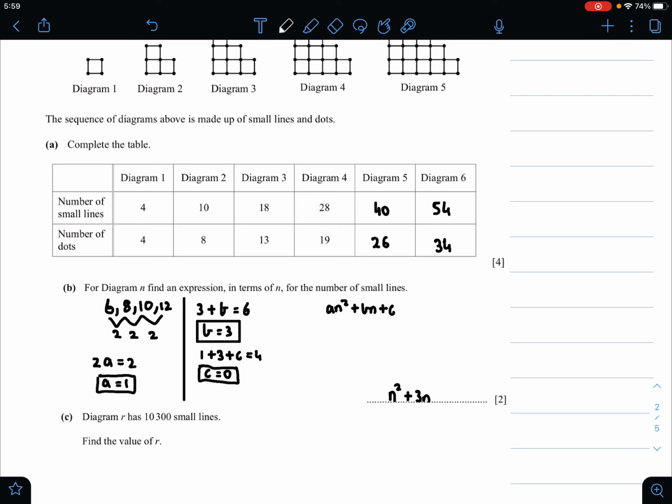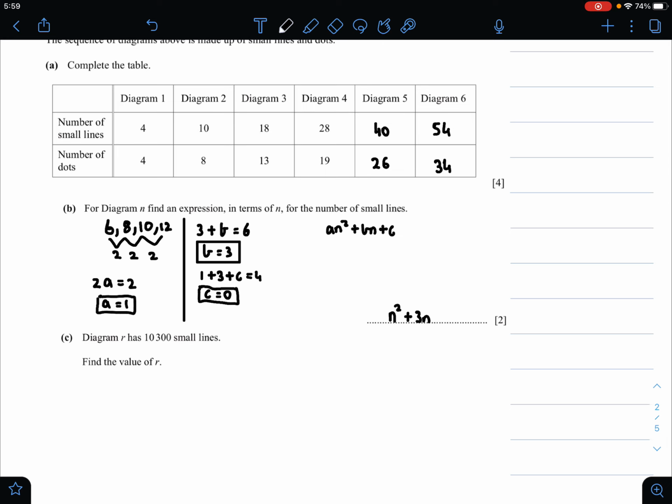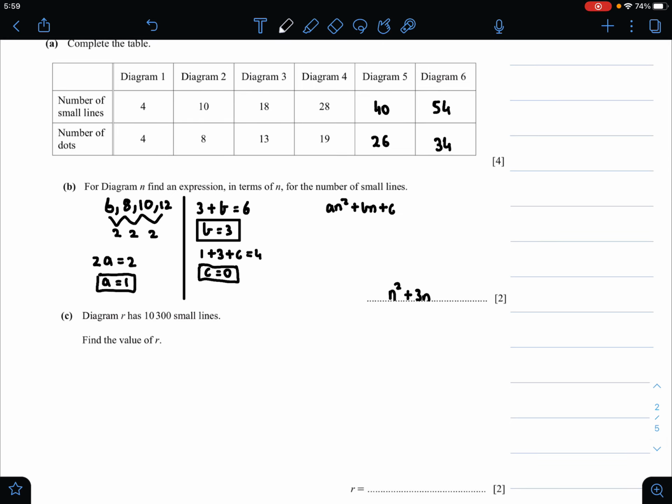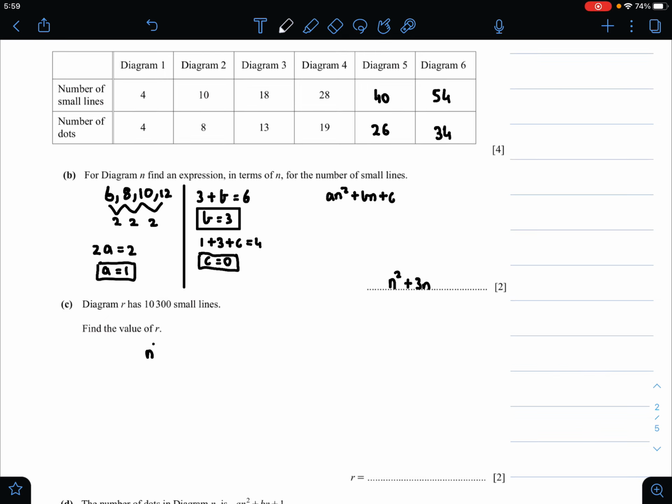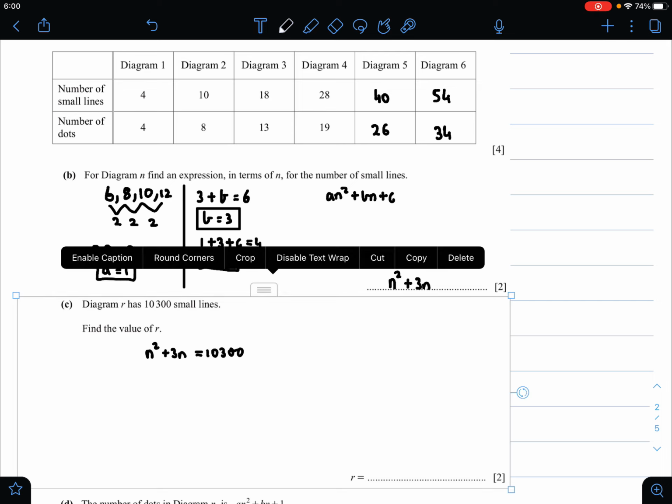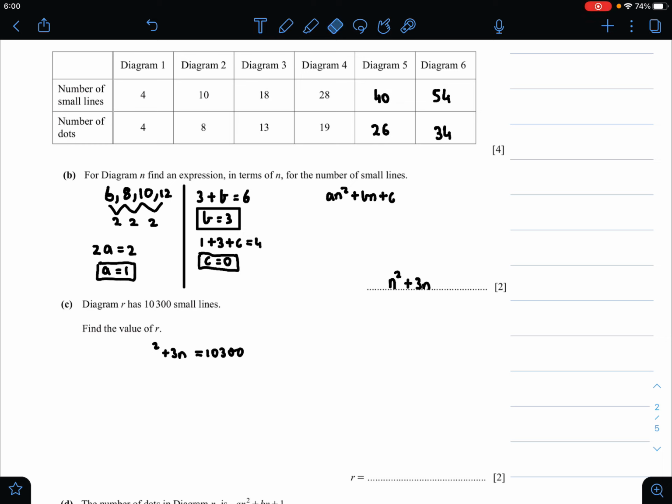Now let's move to part C. For part C, they are telling us that diagram R has 10,300 lines. So we can say that n square plus 3n is equal to 10,300. So now we have to find the value of R, and in this case we can substitute n as R. So it would be R square plus 3R is equal to 10,300.